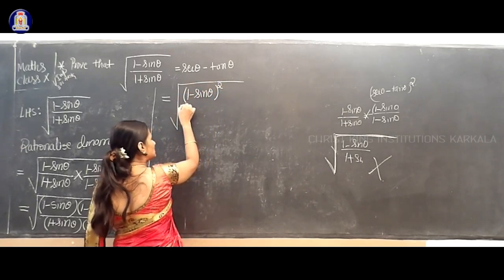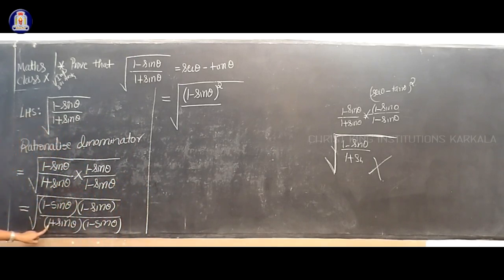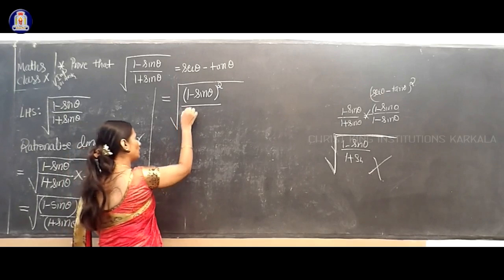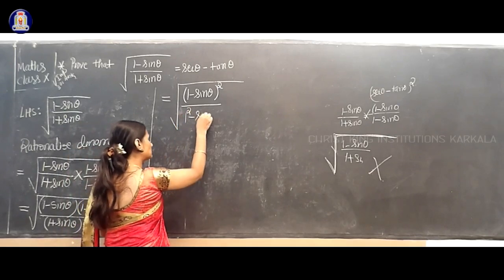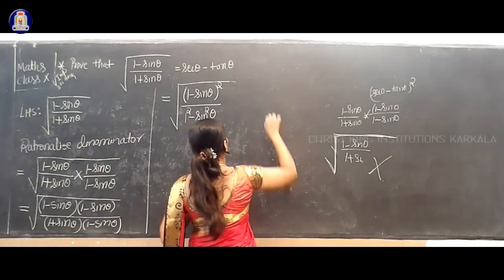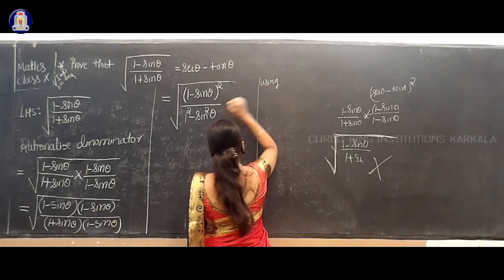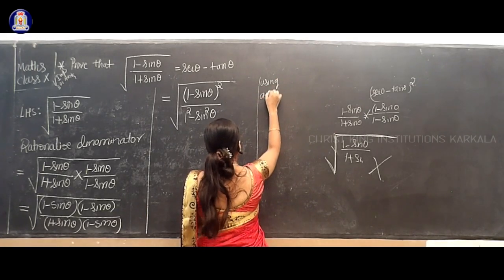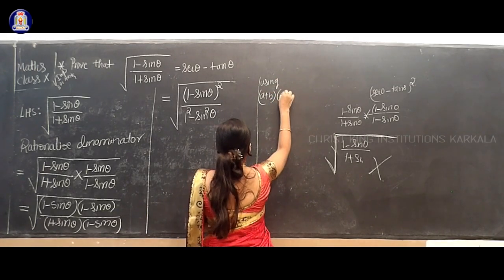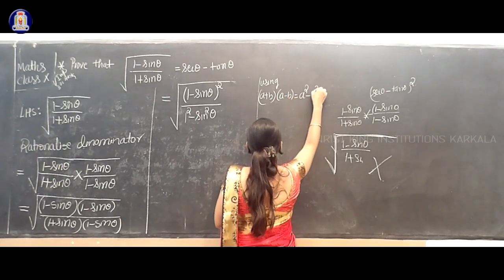This is whole square, divided by the denominator. Which formula? That is a plus b, a minus b, which is equal to a square minus b square, so 1 square minus sin square theta. You already know this. I'll use a plus b into a minus b equals a square minus b square.